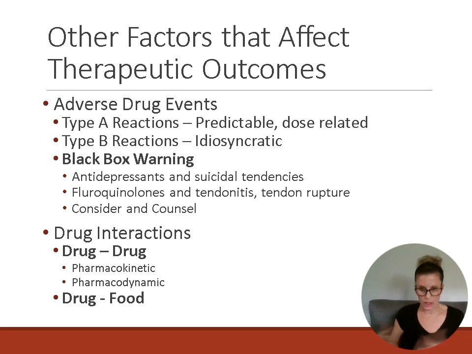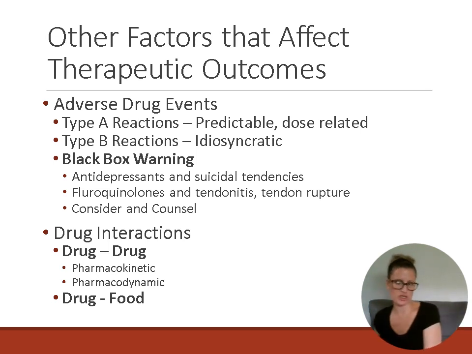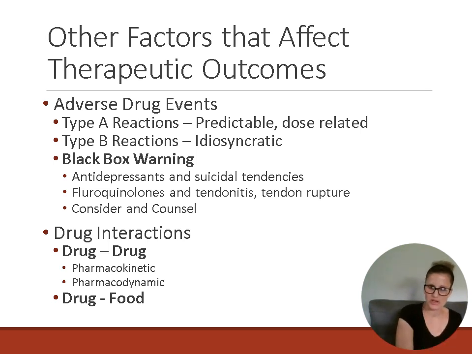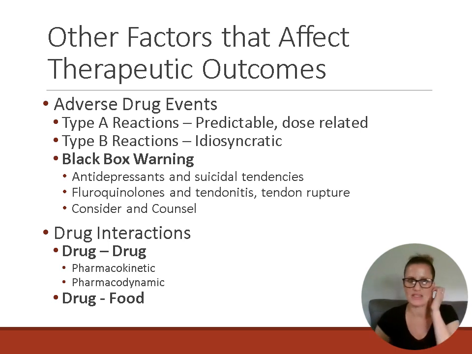Hypotension, right, low blood pressure, is a known predictable adverse drug effect of ACE inhibitors, beta blockers, vasodilators, right? Like all these drugs that we use for high blood pressure. The drug works by lowering blood pressure. So sometimes it might lower blood pressure too far and cause low blood pressure, right? This is predictable.